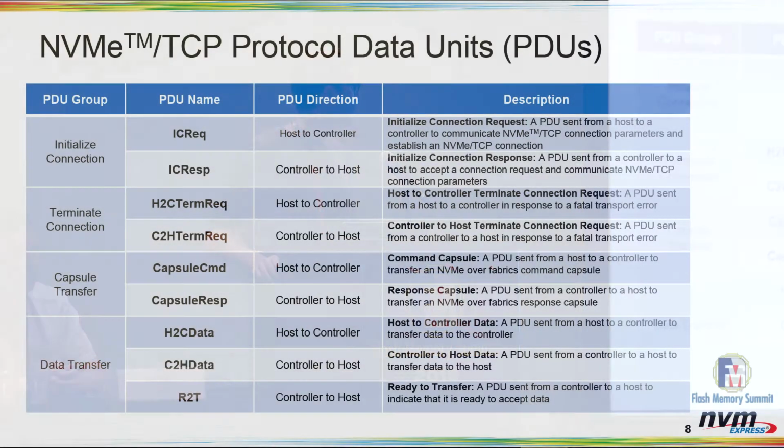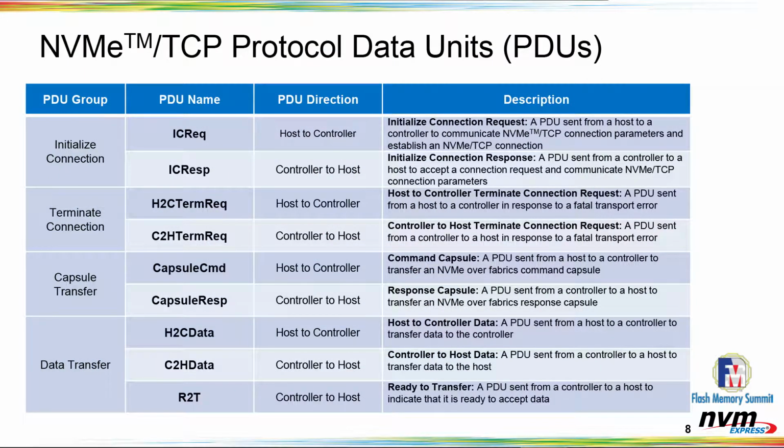That obviously can succeed or fail, or let's say converge on an agreement. We also have the terminate connection part. There are two distinct NVMe PDU types. We have the host to controller, that's the H2C, terminate request, and the controller to host terminate request.